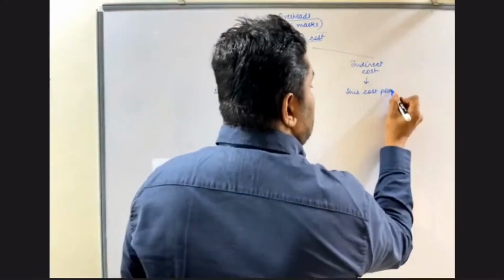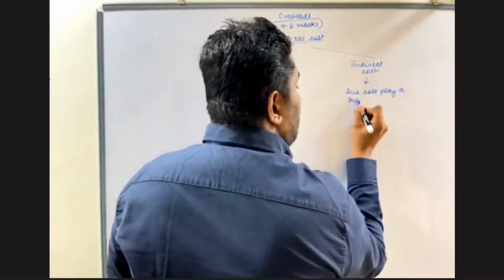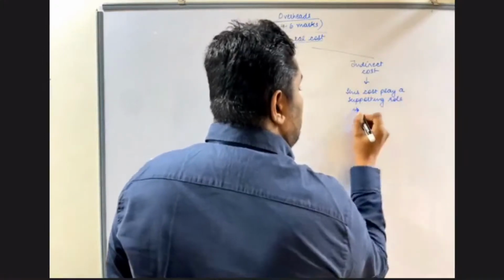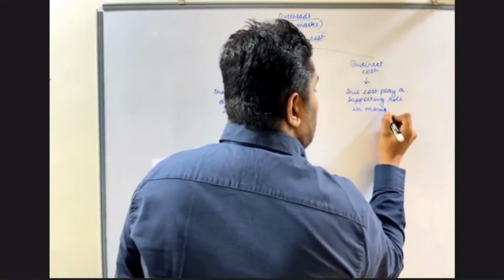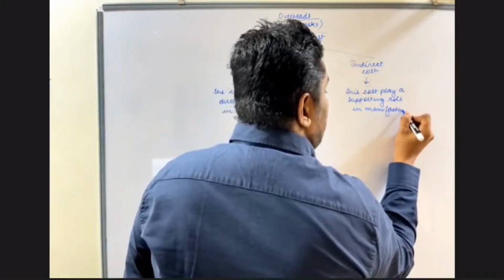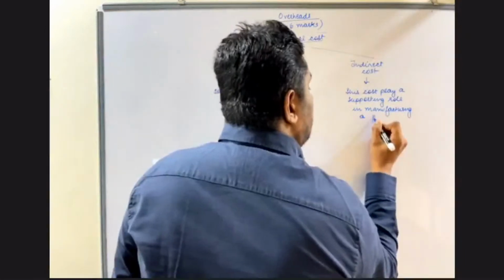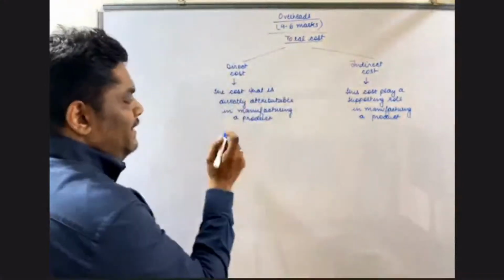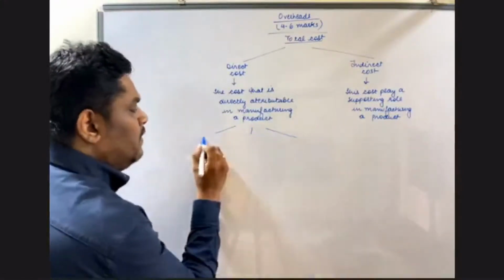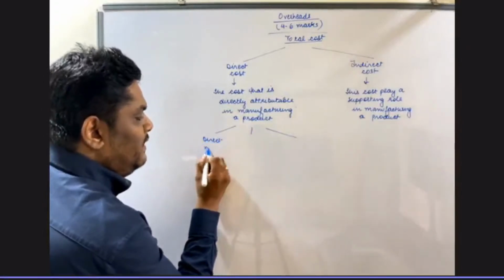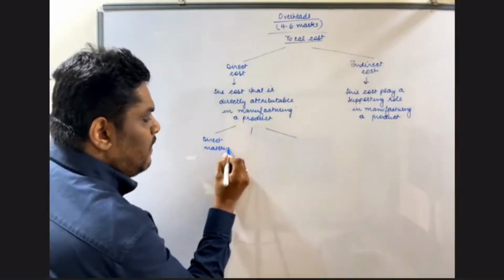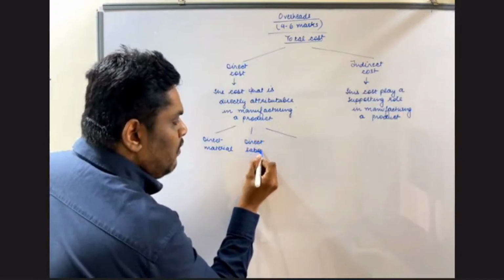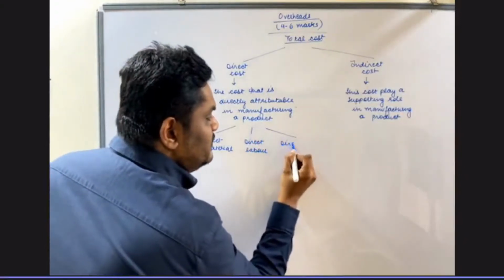Indirect cost plays a supporting role in manufacturing a product. Now, direct cost can be direct material, direct labor, and direct expenses.